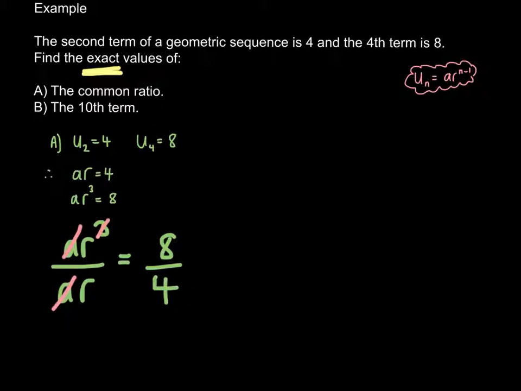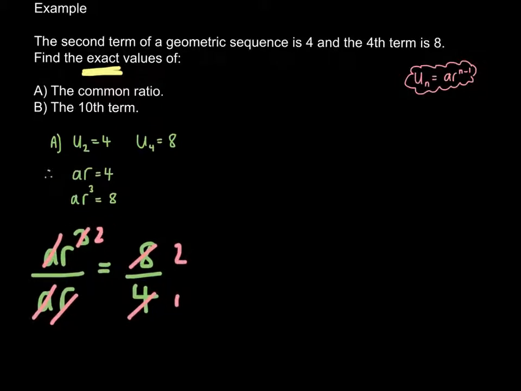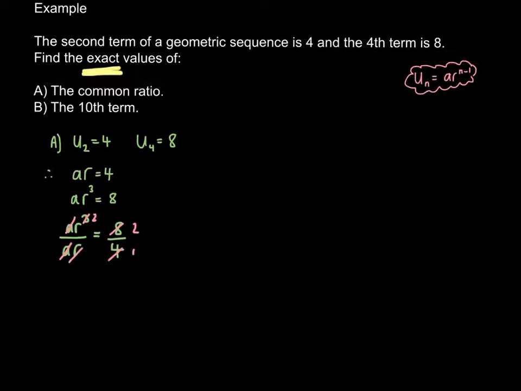Those A's cancel out. The R's cancel out, leaving me with an R squared at the top. And the 8 and the 4 cancel to leave me with 2. So I end up having to solve R squared is equal to 2, which then gives me R is equal to root 2.